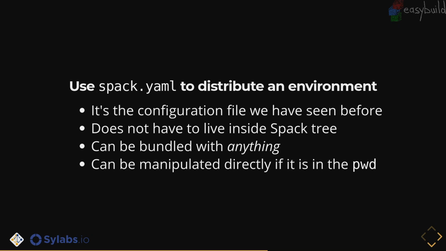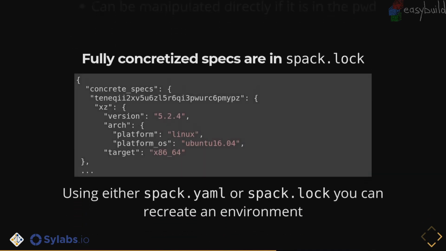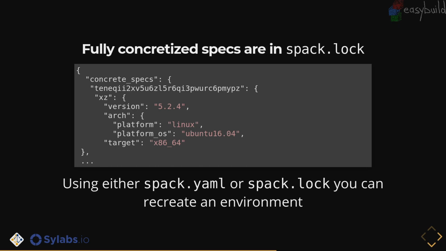Whenever you concretize it, whenever you ask Spack, okay, I have those abstract requests, but what will I actually install on this machine right now? A log file will be produced on the side called spack.log, and this will contain each and every detail of the actual installation that is going to be performed.